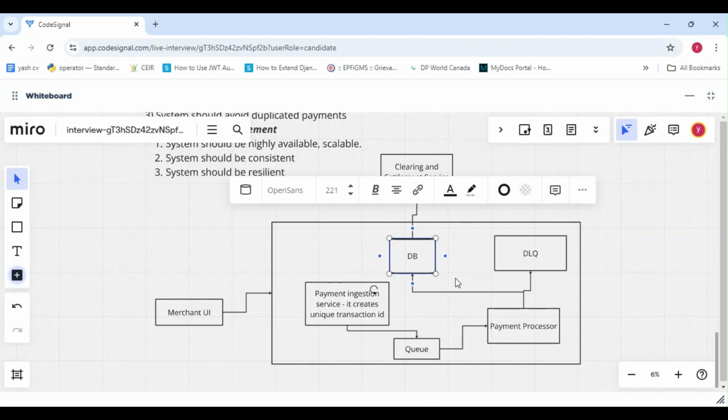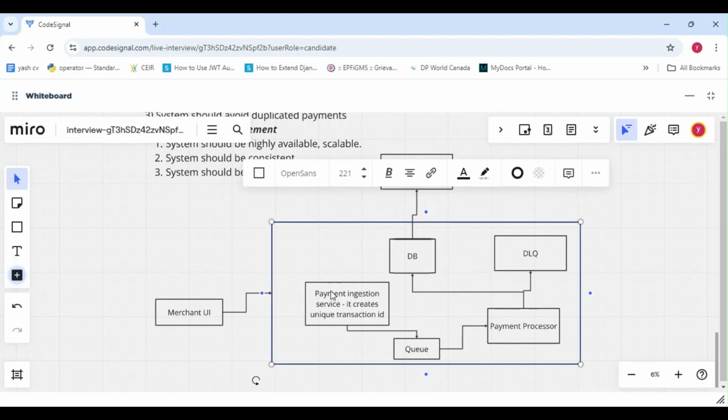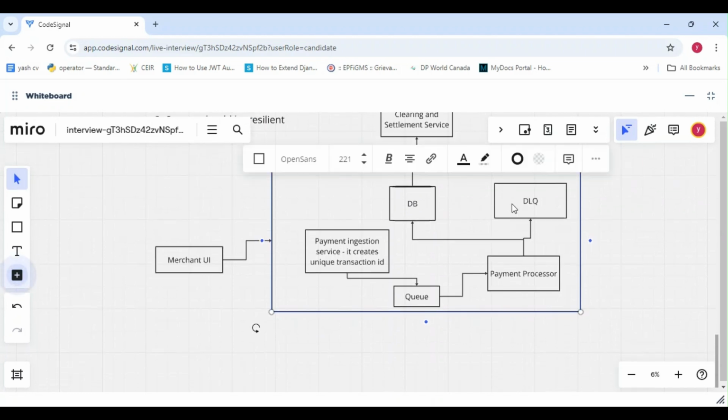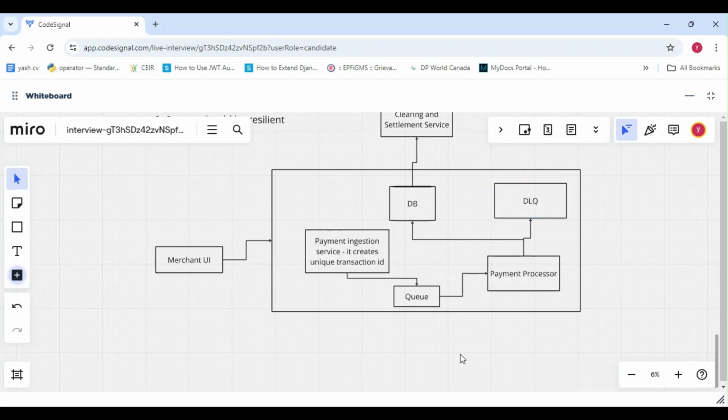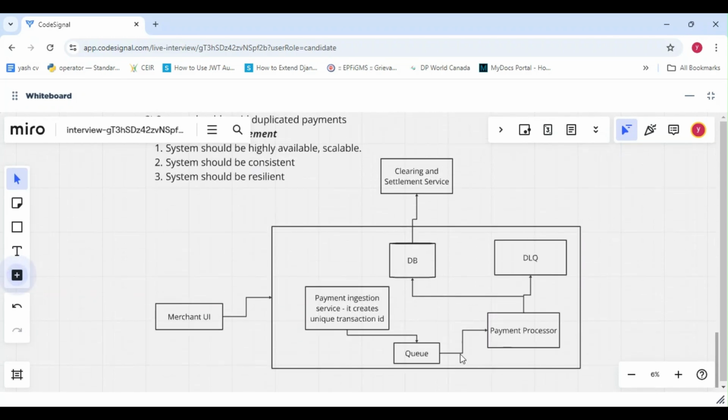We can use database sharding and database partitioning based on dates and mode of payment. The database can be partitioned into different tables according to the dates and then according to the modes of payment. In this way we can scale our application, and we are using a dead letter queue for further retries of failed transactions. So this is the system architecture of the payment gateway.